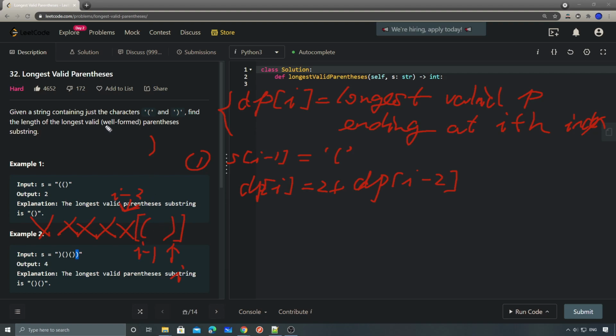Because we're getting the longest valid string, if this one is a valid one, then we can simply add the previous state, the previous dp, which is dp[i-2]. So this is the first case.